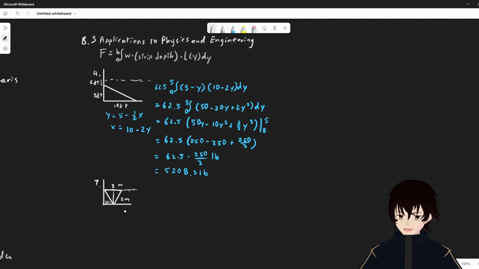This should be root 3, right? Wait, no. Oh yeah, I'm forgetting my triangles here. This is a 30, 60, 90 triangle, so that's 1, 2, root 3. Or is it? I'm doubting myself. Let me just write it out real quick. Yes, it is. Don't need to write it out.